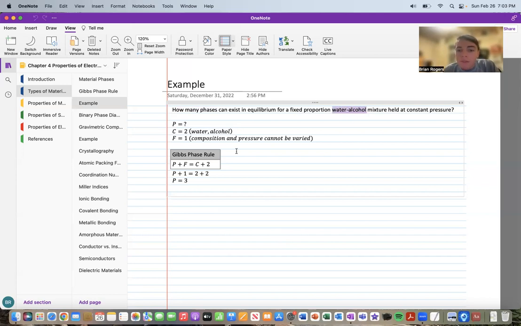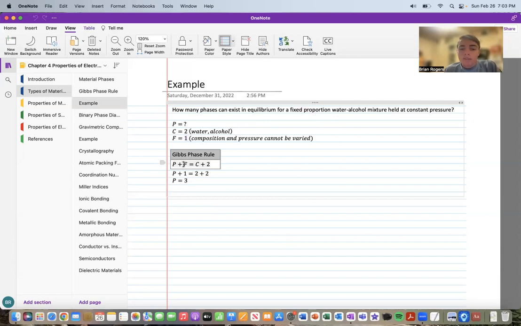And then can we control anything? Here it says we're at a constant pressure, so we can't vary the pressure. And it looks like it's a fixed proportion, so we can't control how much of the composition. But what about the temperature? It doesn't say anything about the temperature. So that is 1 degree of freedom that we are in charge of right here.